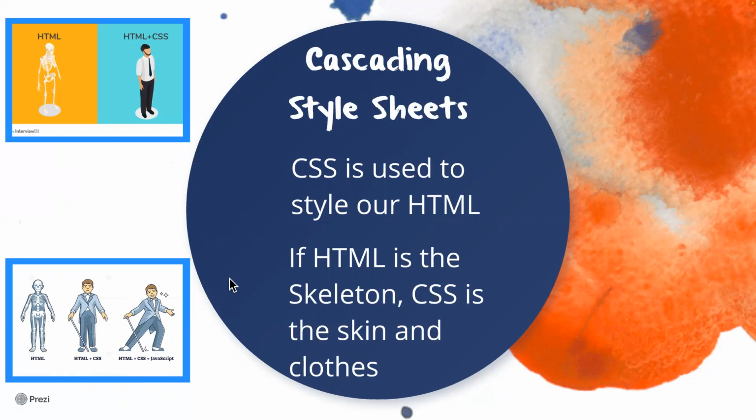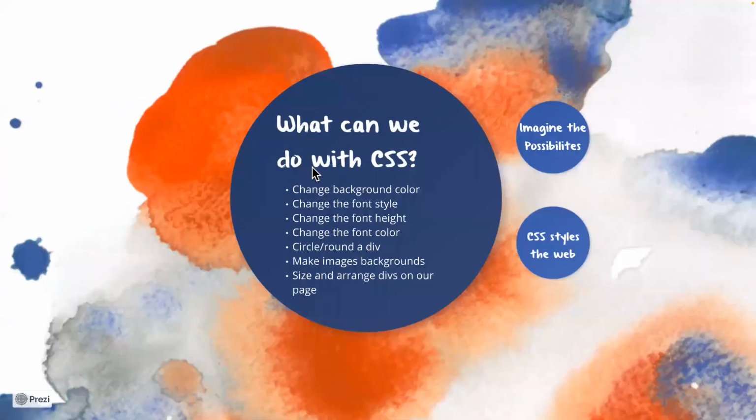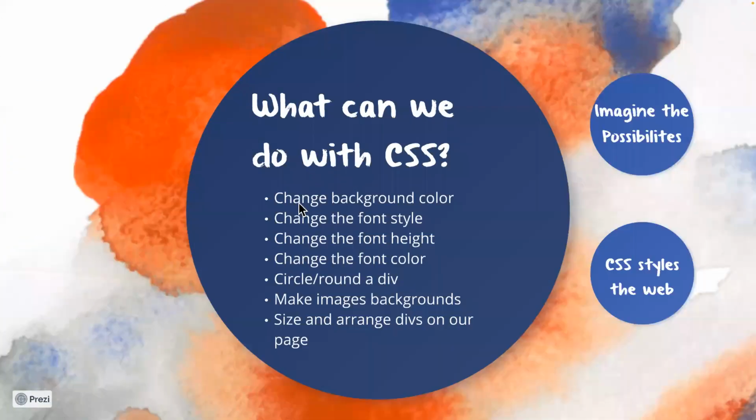How do I get out of here and zoom out? All right, here's some examples of what CSS can do. It can change the background color of the whole page or a certain section of the page. It can change the font style of the text that you're writing. It can change the font size. It can change the font color. You can make a square div a round div.